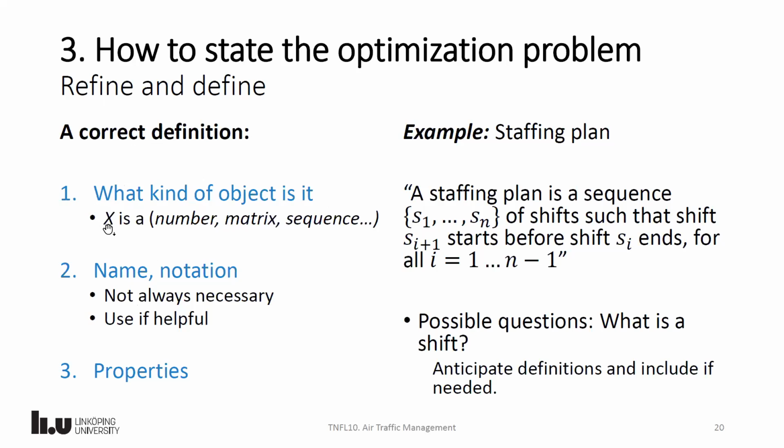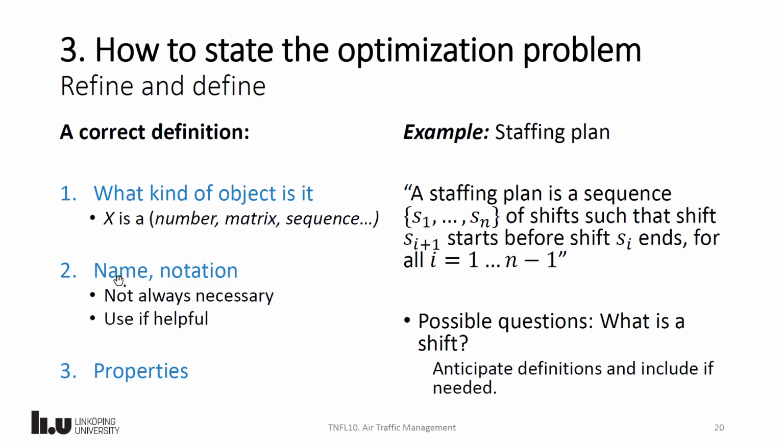For example, we define X, and it can be a number, it can be a matrix, it can be a sequence. What kind of object is it? So for example, in here we have an example of a staffing plan. Here they say that the staffing plan is a sequence of shifts. So the kind of object is a sequence.